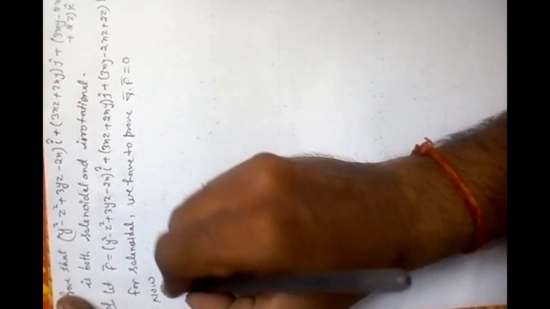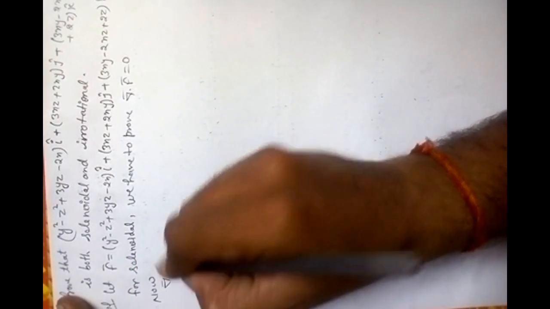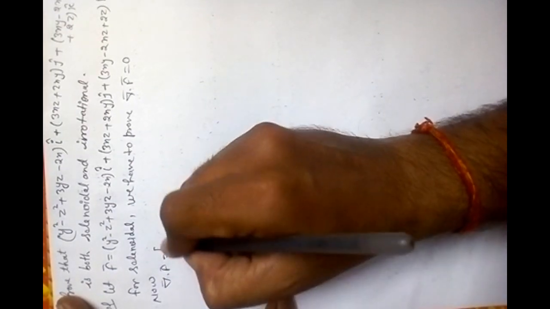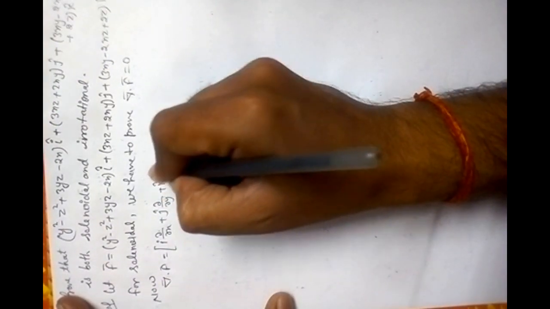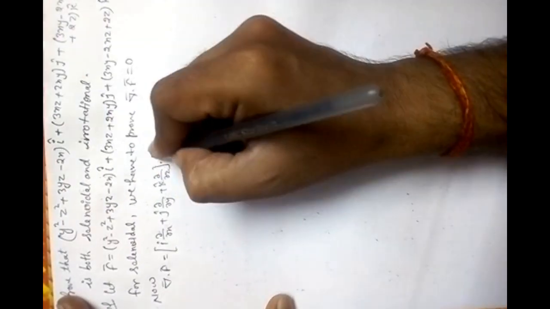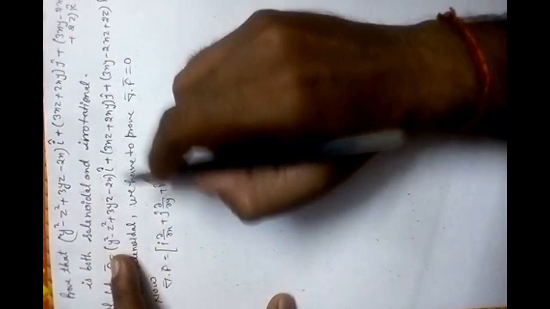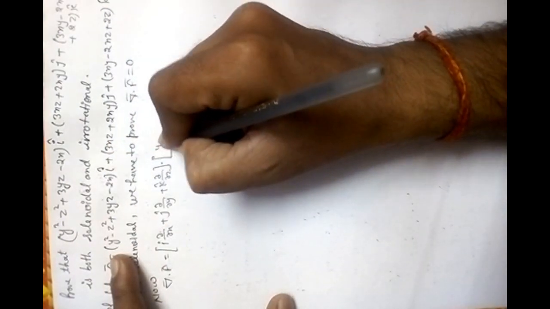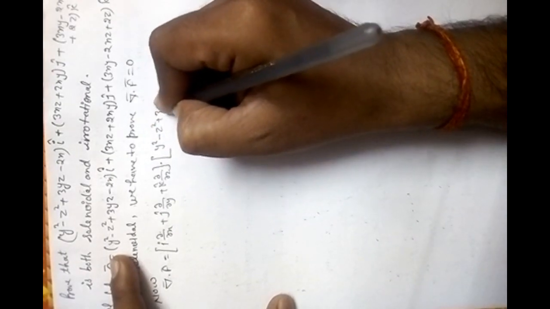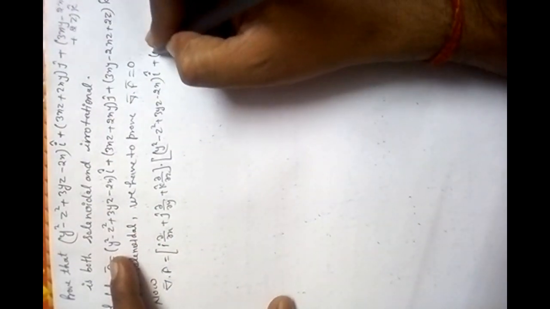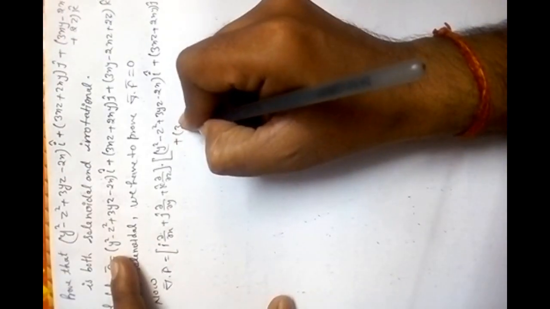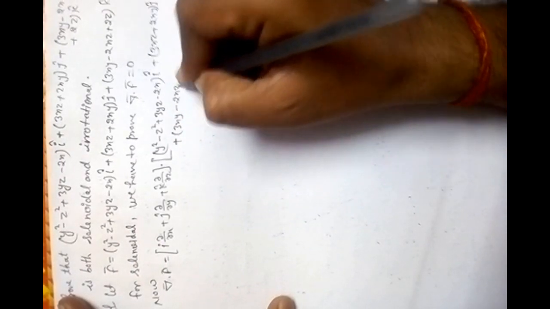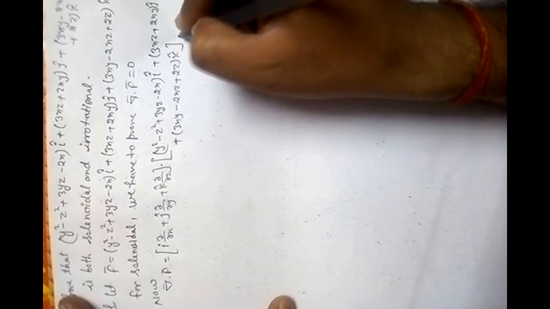So now del dot f, del means i del by del x plus j del by del y plus k del by del z, dot f. f means these terms: y square minus z square plus 3yz minus 2x i, 3xz plus 2xy j, 3xy minus 2xz plus 2z of k.